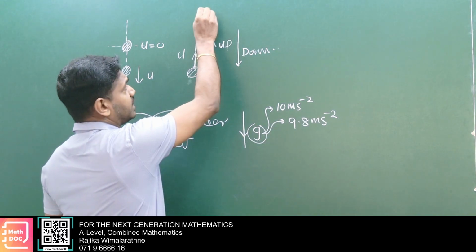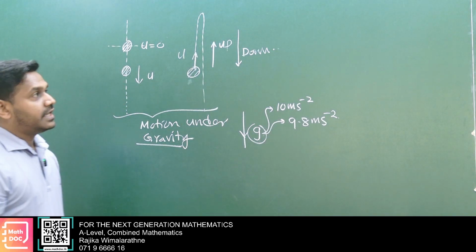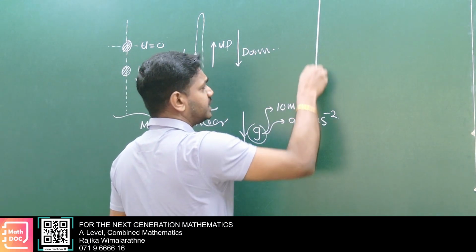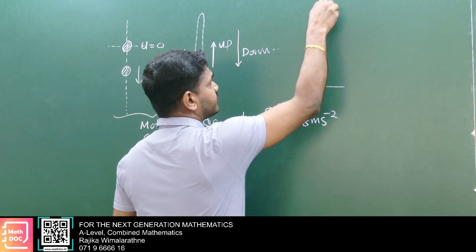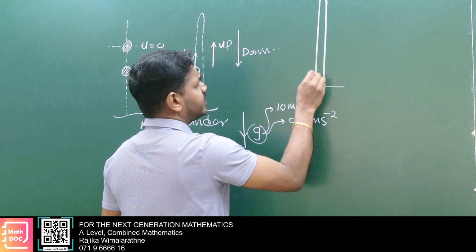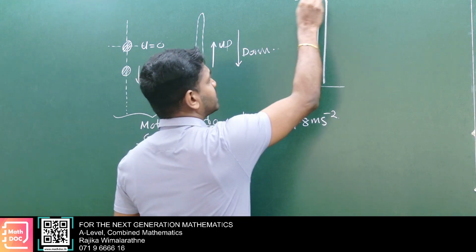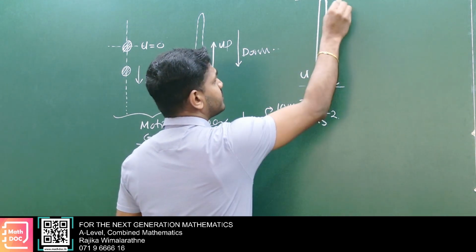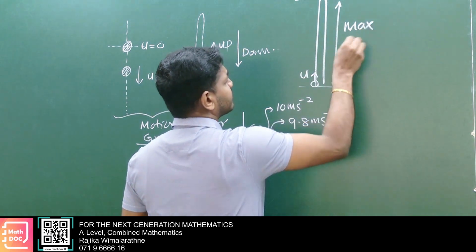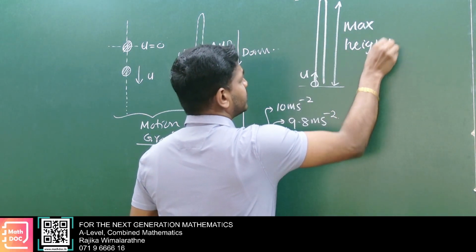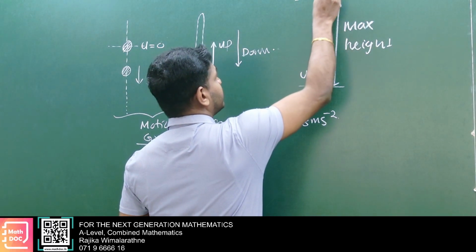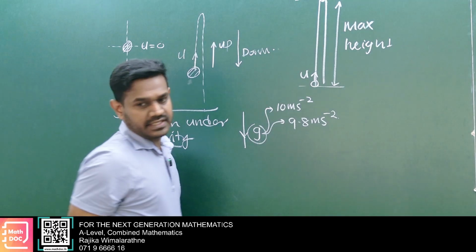When you consider this type of linear motion, it has a maximum height. For the particle with upward velocity u, at this maximum height its velocity is 0.